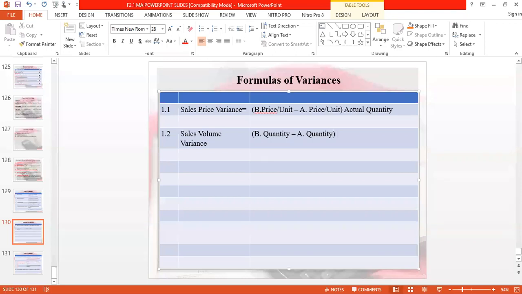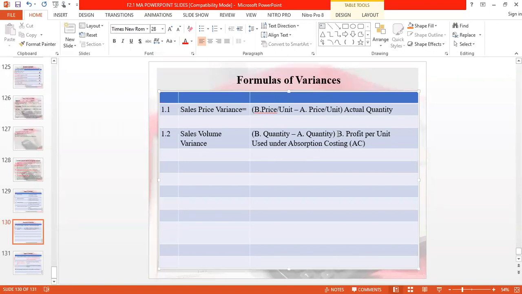Outside the bracket, you multiply by budgeted profit per unit. This one is used under absorption costing, that is AC. I will explain that.